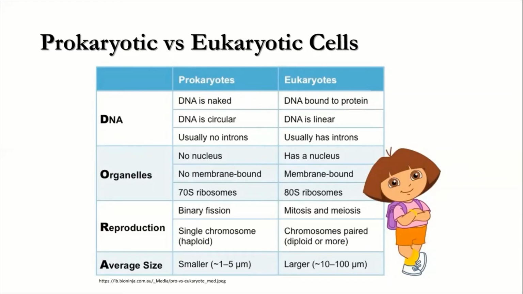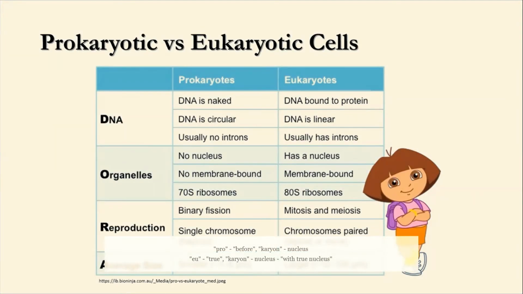Now, for the organelles, the prokaryotes don't have a nucleus. This is the most distinct difference between them. Prokaryote, that is why it is called prokaryote, pro meaning before. Karyo, or the karyote, we are actually referring to the nucleus. The terms prokaryotic and eukaryotic actually came from Greek words prokaryon and eukaryon.